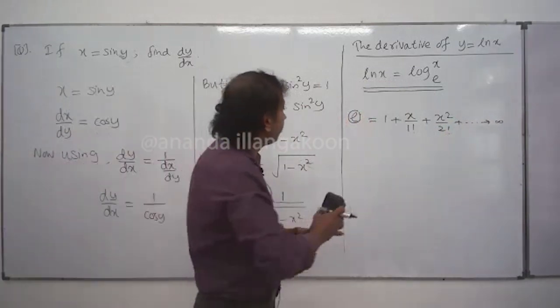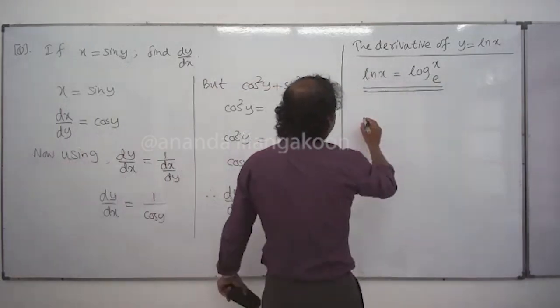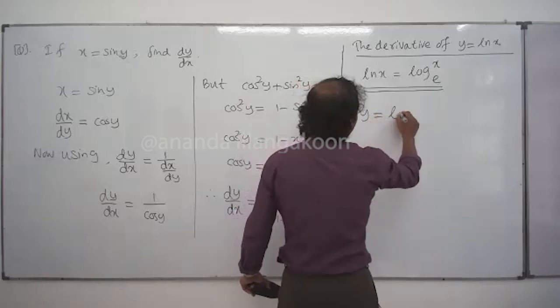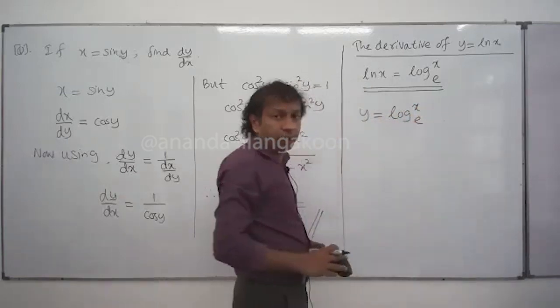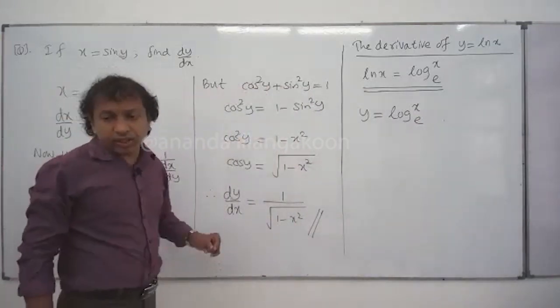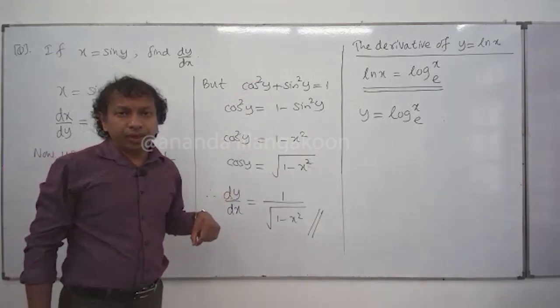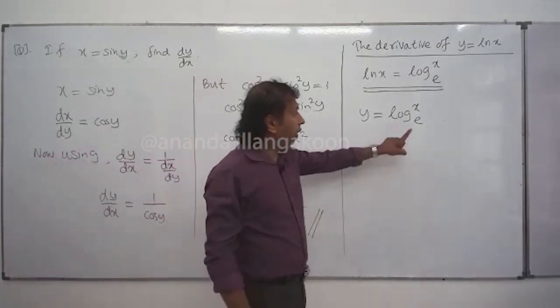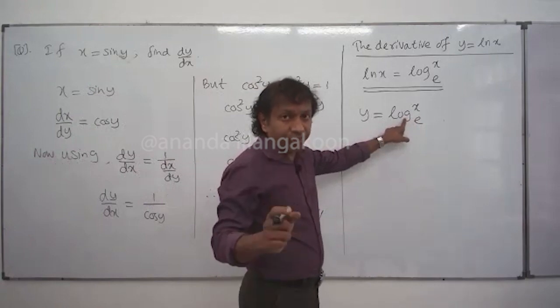Now, let's see here how to take the derivative of ln x. So y equals log x to the base e. Okay, people, how do we convert this kind of logarithmic form to index form? We learned logarithms.